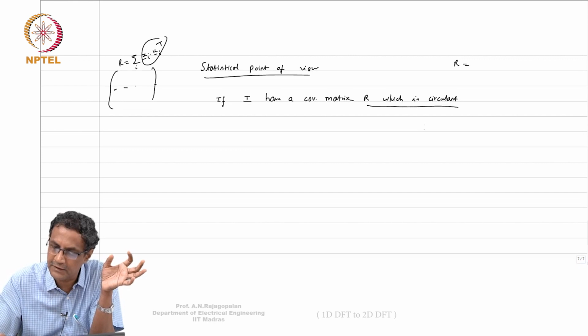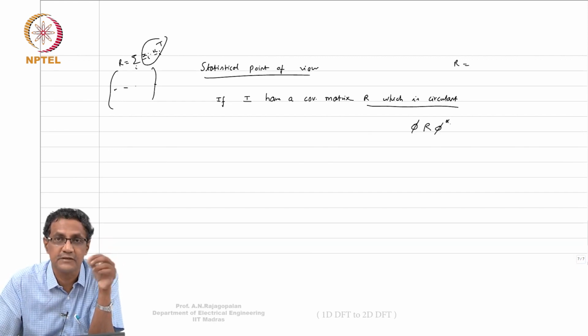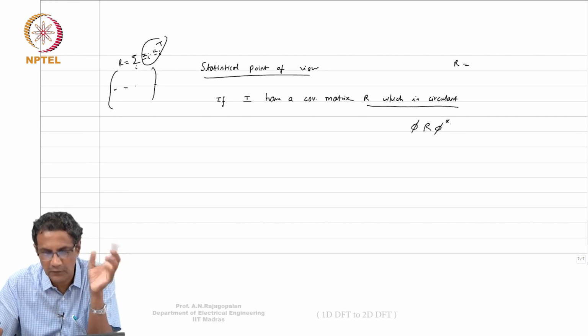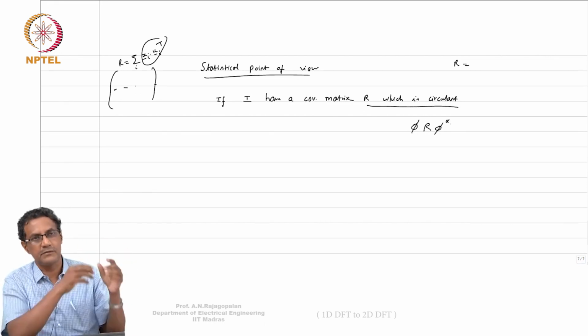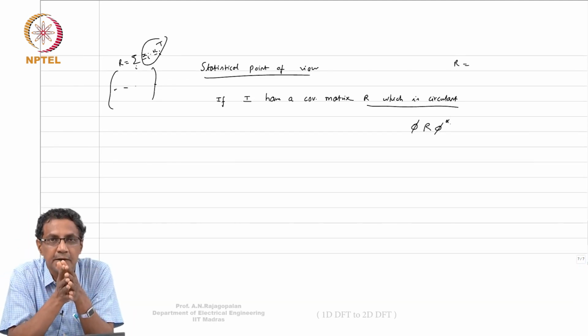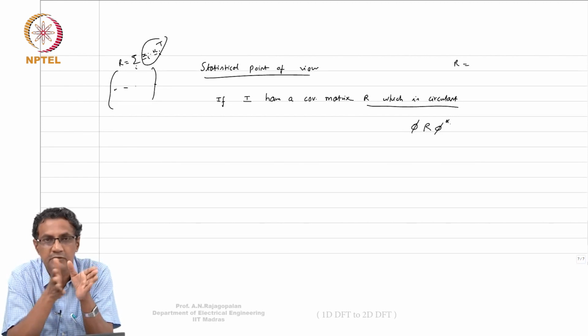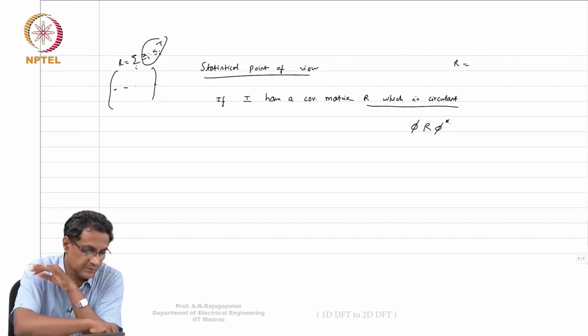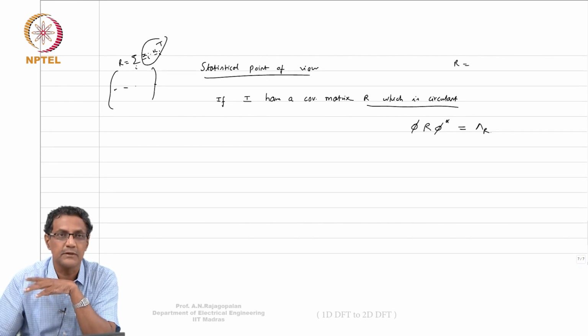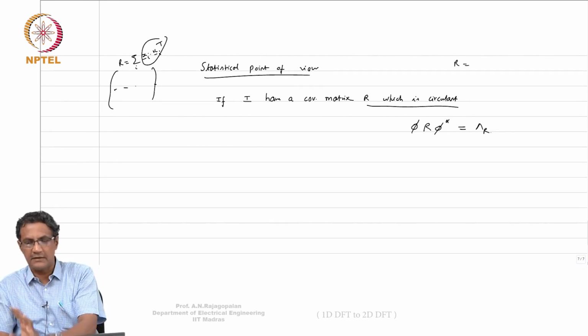So now if I do phi R phi star, the same operation that I did on H, but now on a data covariance matrix R instead of the system point of view, then what happens? This will diagonalize R, as long as it is circulant.